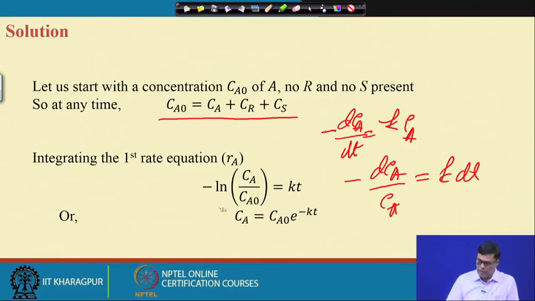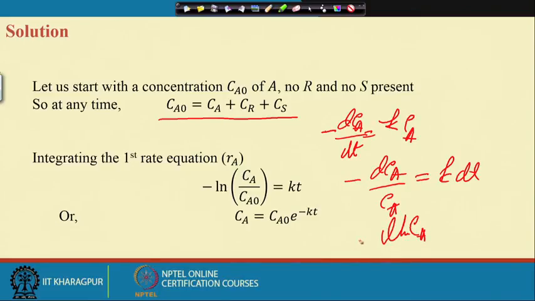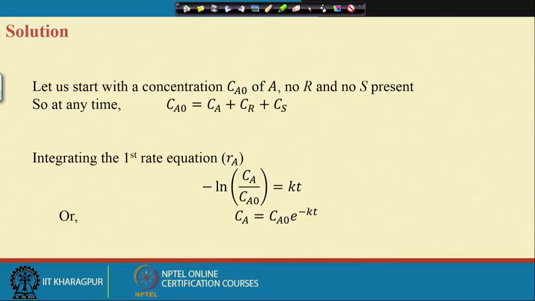So this is equal to d ln C_A, and this is minus K into dt. If you integrate C_A from C_A0 to C_A and time from 0 to t, then we can write ln of C_A by C_A0 equals minus Kt. So C_A equals C_A0 into e to the power minus Kt.